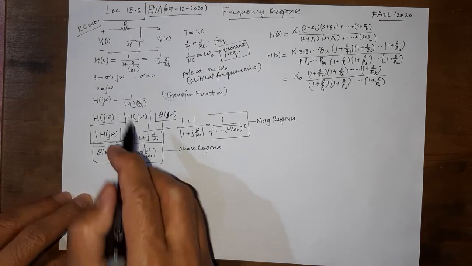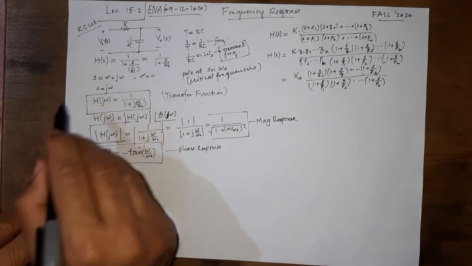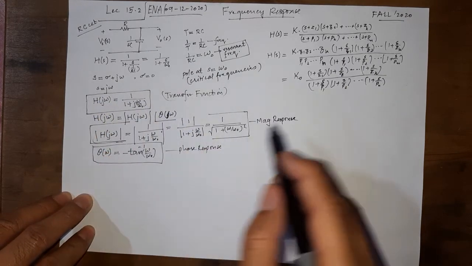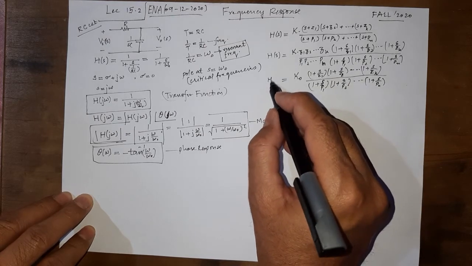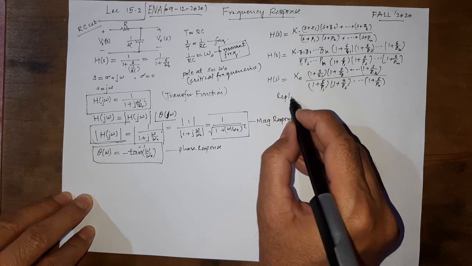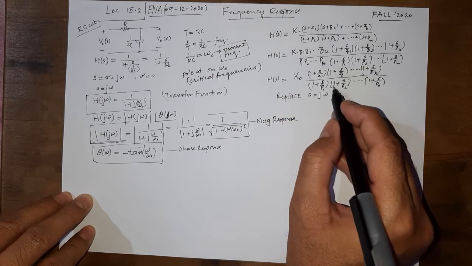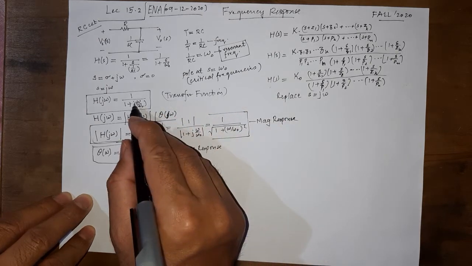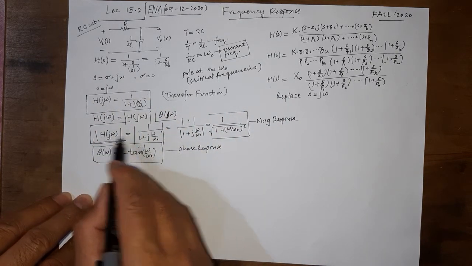Once we have H(s) in this form available to us, we put s = jω to get this. Once we get H(jω), then we can find the magnitude |H(jω)|.